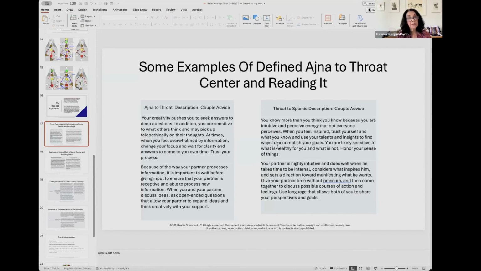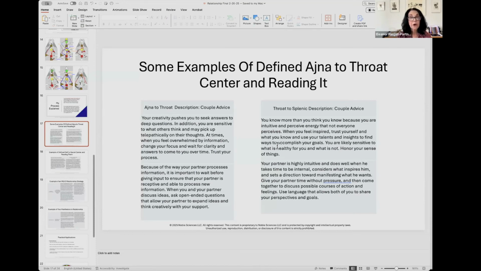Someone with the defined splenic center is likely to be sensitive to what's healthy and what's not, and should honor their sense about things. Now, if this is you in a relationship with a partner who has this splenic to the throat, that partner is highly intuitive and needs time to be internal and consider what's inspiring him and setting a direction toward manifesting what he wants.